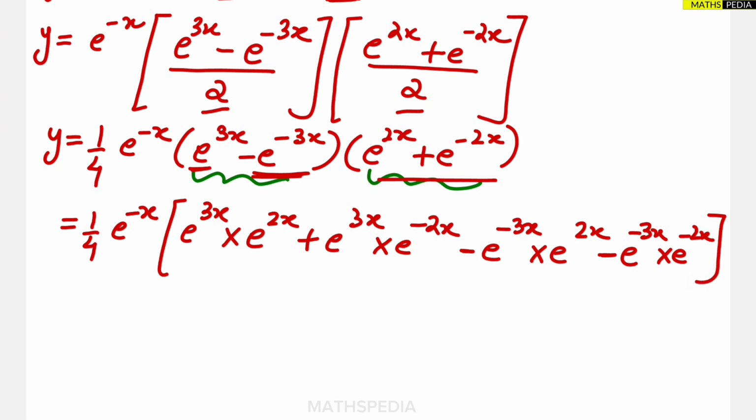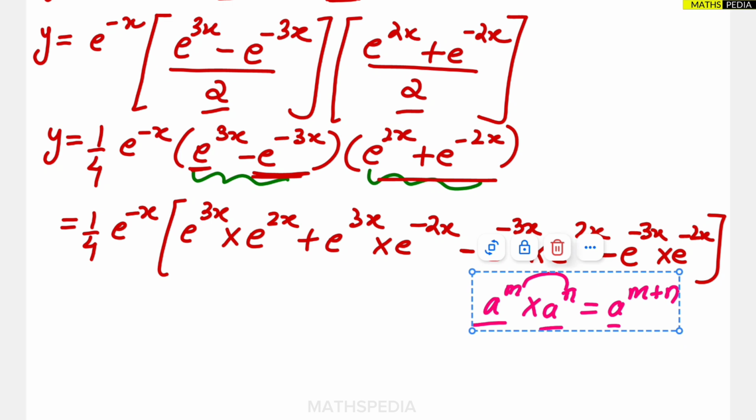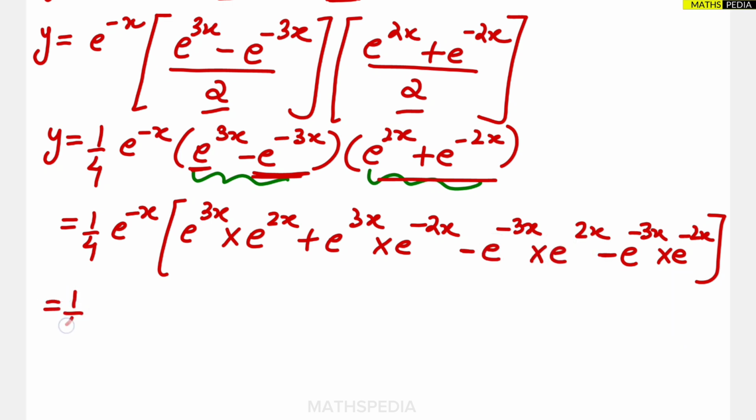Now we have one formula that whenever it is a power m into a power n, it is equal to a power m plus n. Base is the same, powers are different, so you can add the powers. Same logic we apply here. So equal to 1 by 4 e power minus x.